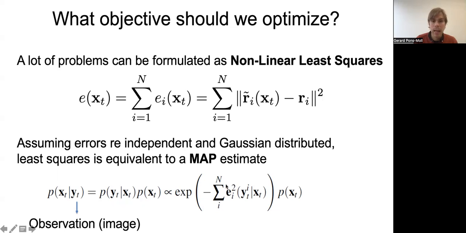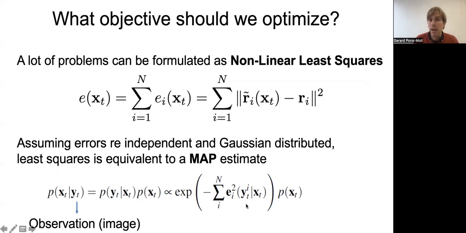And why can we put all this summation inside the exponential? Because we are assuming independence. Because we assume independence, we're going to have a product of exponentials, which will turn into an exponential of the sum. So because we made this assumption, we can plug everything together into a single exponent.